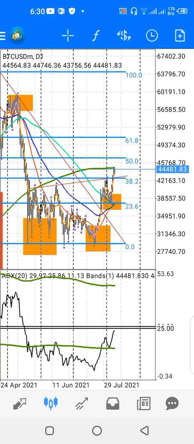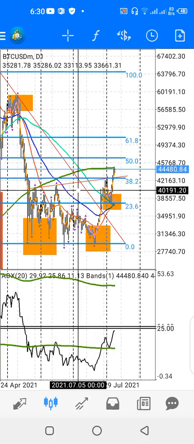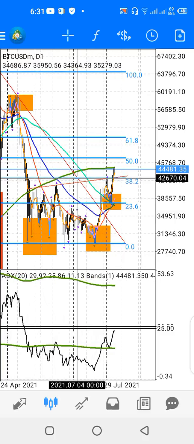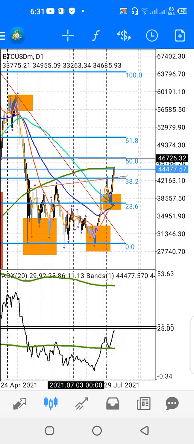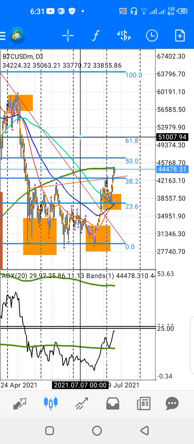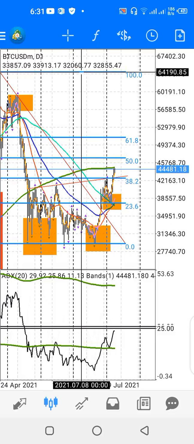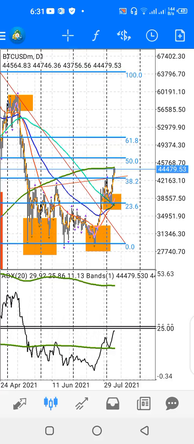You can see that price has passed the 38.2 Fibonacci level, which is at 42670, and price is aiming for the next level, which is 46726, and after that 51,000, then finally back to the high on the daily time frame, which is at 64,247. Okay, so that is that.